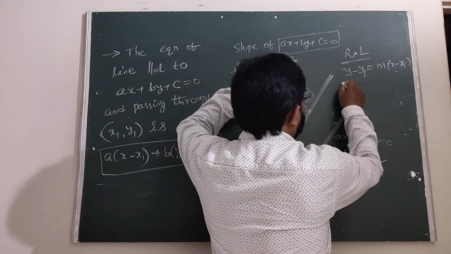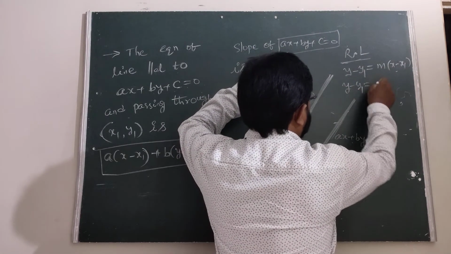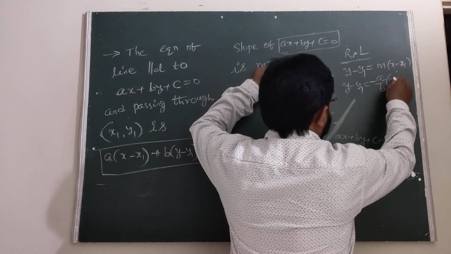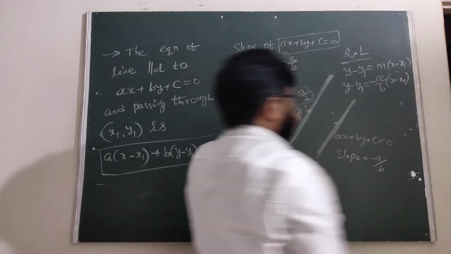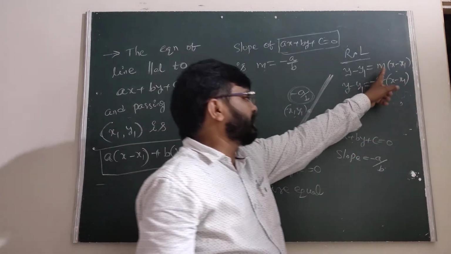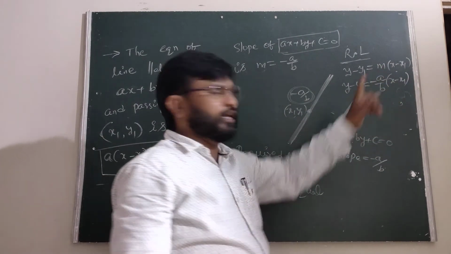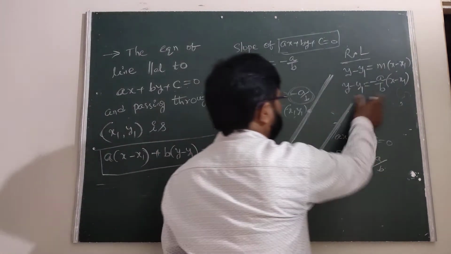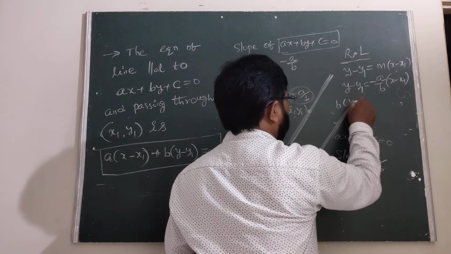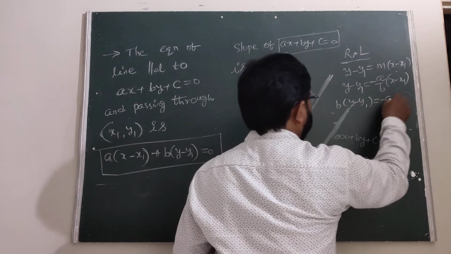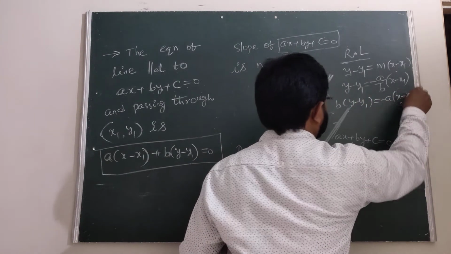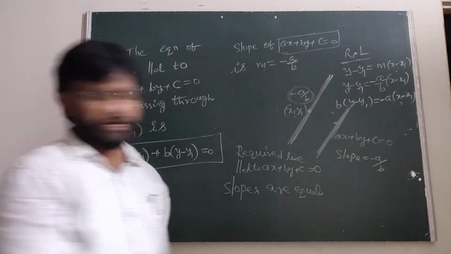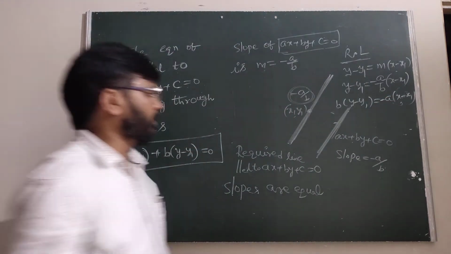Is it clear? Now we take y minus y1 equal to minus a by b into x minus x1. Therefore, we have to take m as minus a by b. Now the b is sent to the other side. It becomes b into y minus y1 equals minus a into x minus x1. This minus a is sent to the other side. It becomes a into x minus x1.